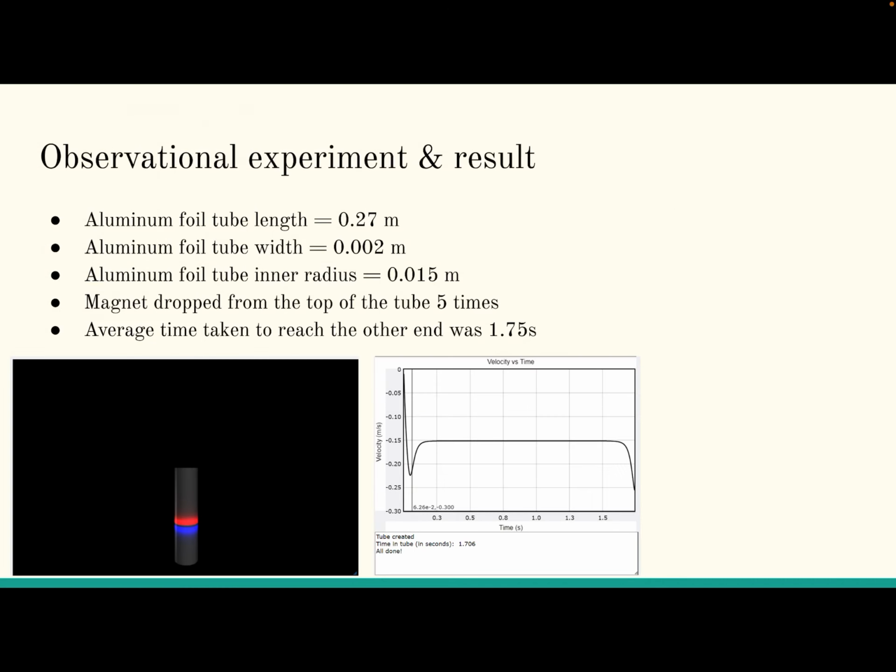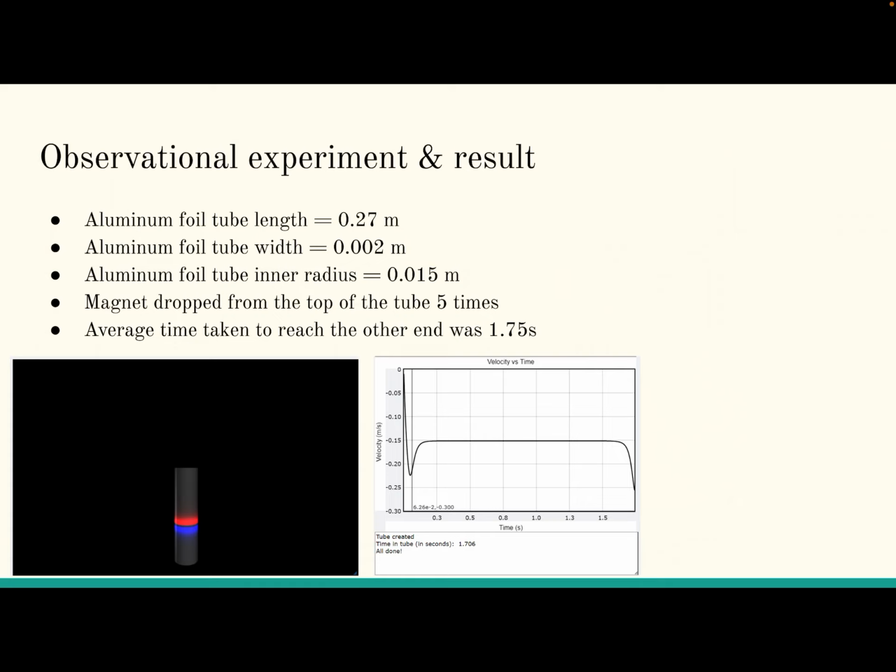For this experiment, I registered that the aluminum foil was 0.27 meters long, with a width of about 0.002 meters. The inner radius was about 0.015 meters.